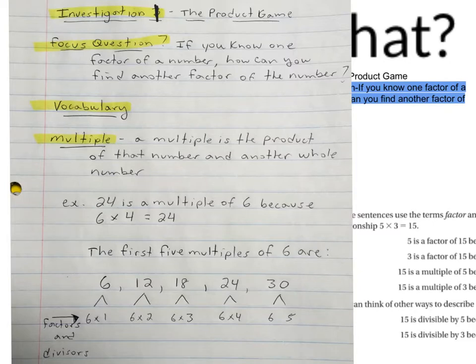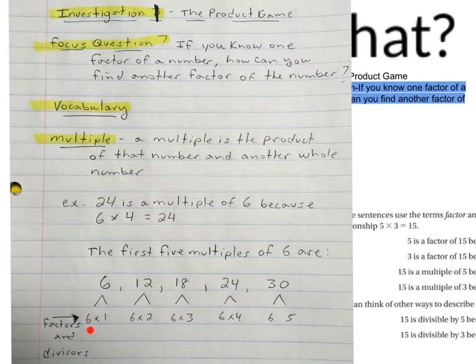And I also want to point out that although these are multiples of 6, these are the factor pairs that cause you to arrive at each multiple. So 6 times 1, 6 times 2, 6 times 3, and so on.